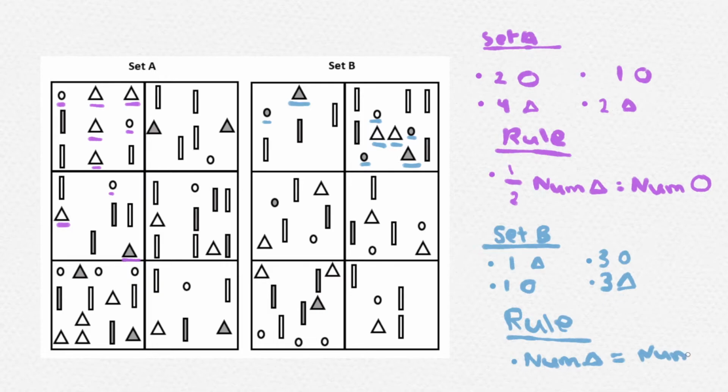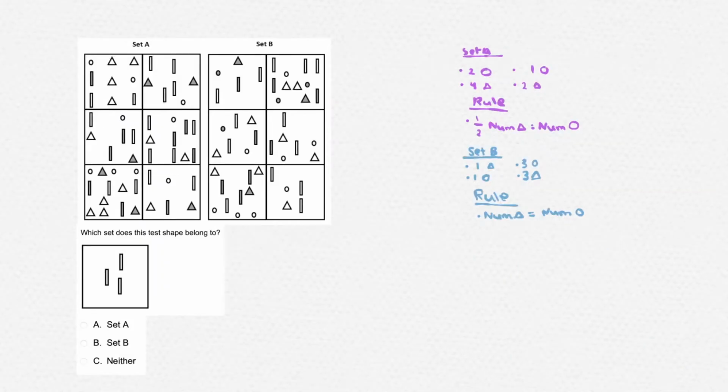So now that we have our overall rules for set A and set B, let's begin solving some questions. So as you can see in our first question, we must figure out which set this must belong to. Now, we can count 3 rectangles.